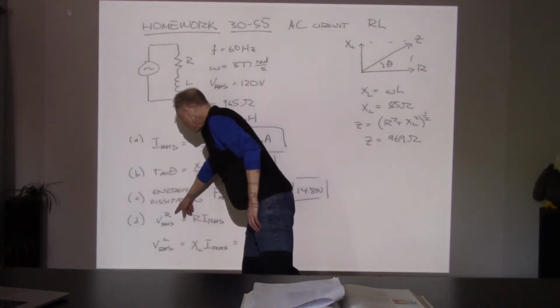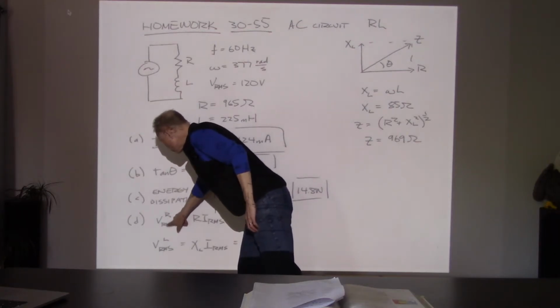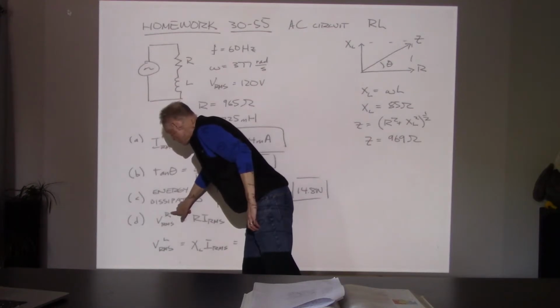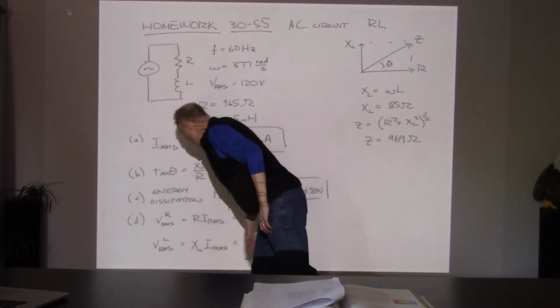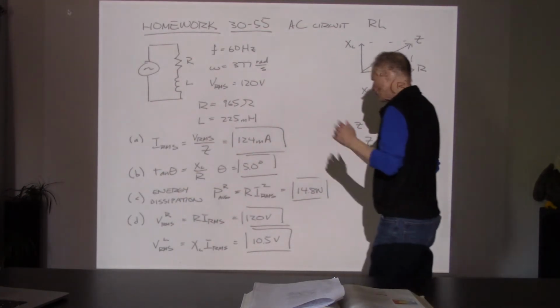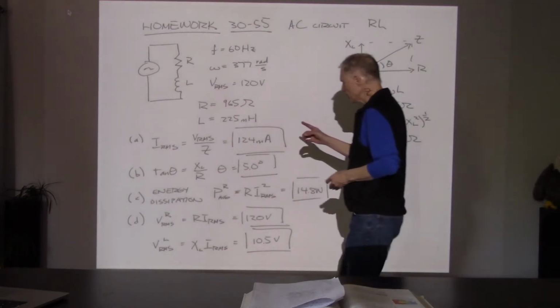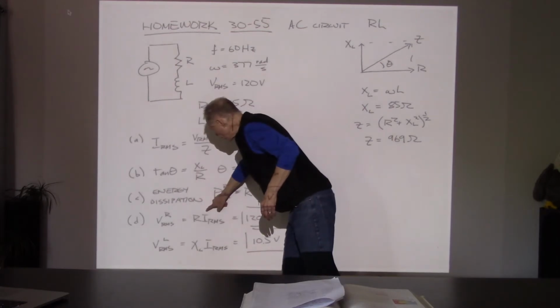Now, when we calculate the voltage, and again, these are just superscripts, not numerical powers. This is the VRMS for the resistor, and the VRMS for the inductor. I should have put them in parentheses. Maybe that would help highlight that. But the voltages are going to be given by R times IRMS.